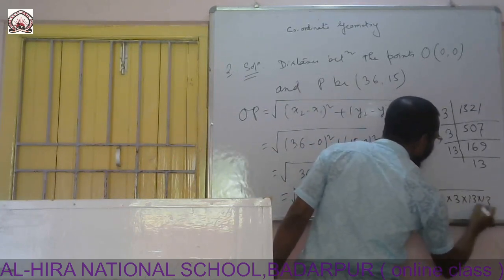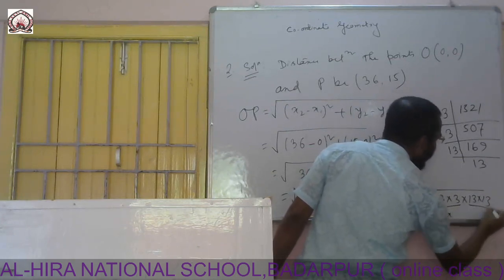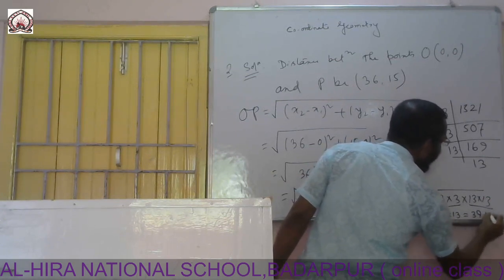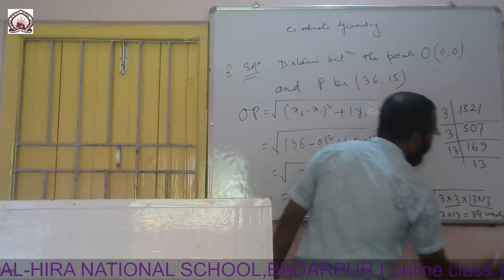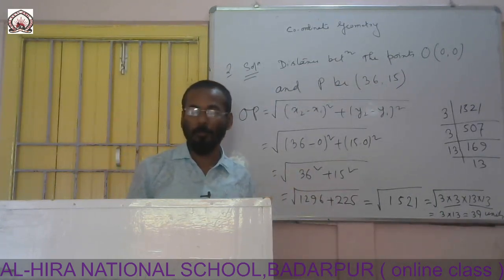From these two 3s we can take one 3, and from these two 13s we can take one 13. So 3 times 13 is 39 units. Clear? Okay, number 2 is finished.